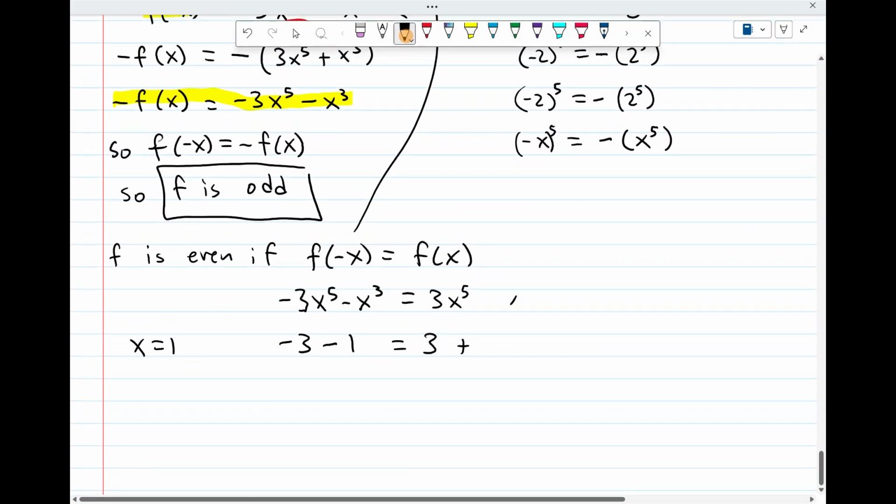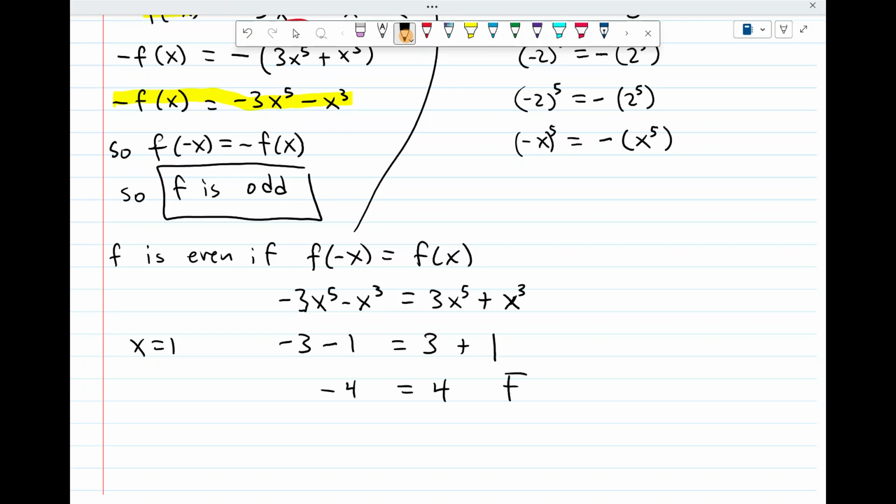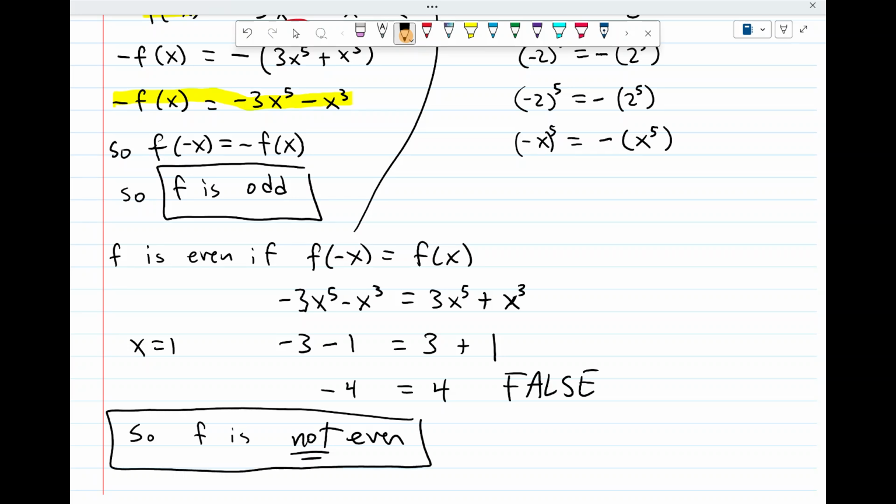I'm sorry about that. X to the third is just 1 to the third, which is just 1. So this means that negative 4 is equal to 4. That is false. So f is not even. F is odd, but f is not even.